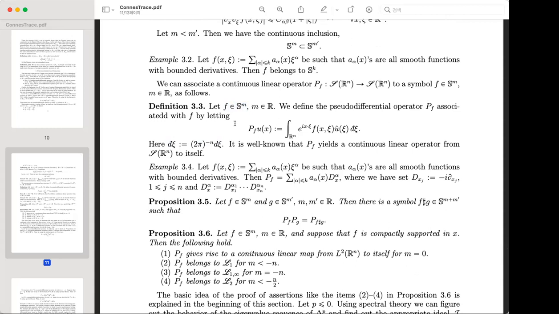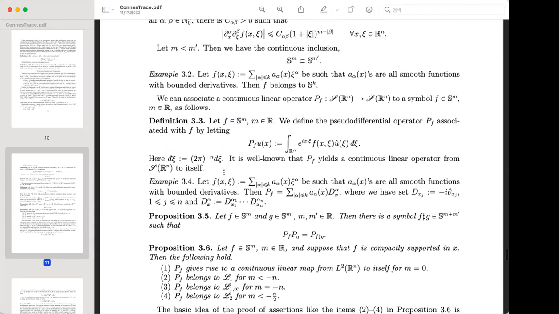In the case that the symbol f is a polynomial function in psi, then at least formally you would be able to see that the pseudo differential operator associated with this symbol is a differential operator of this form.